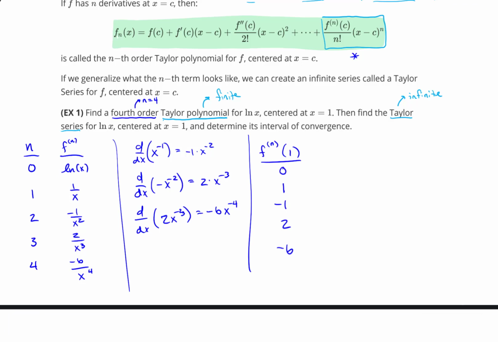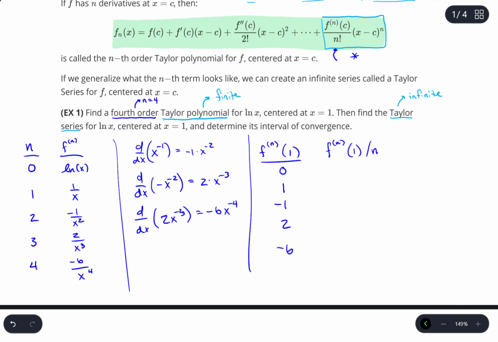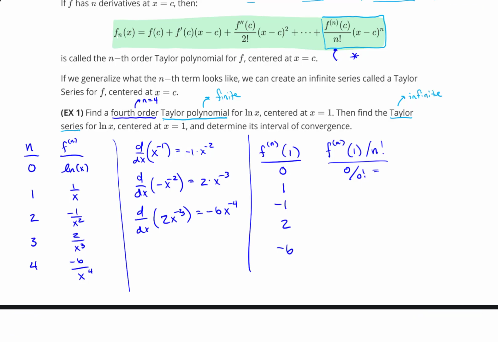Okay, the next part is to divide by n factorial. So in the next column of this table, I will take the nth derivative evaluated at 1, which is just the previous column, and divide that by n factorial. So the nth entry divided by n factorial. 0 factorial is defined to be 1, so 0 over 1 is 0. Then this one divided by 1 factorial, so that's 1 over 1, which is 1.